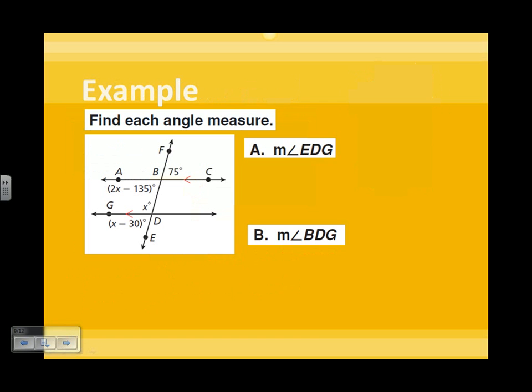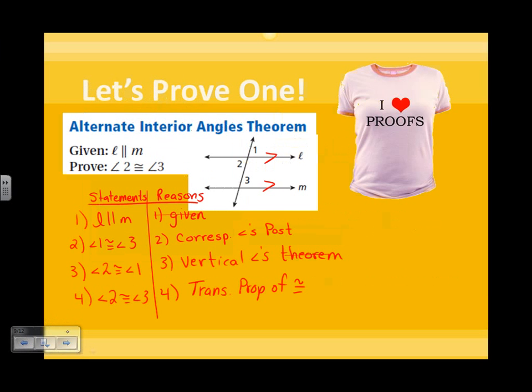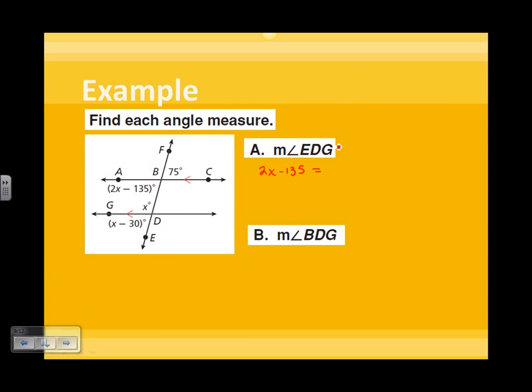So here's an example. We have two parallel lines. We can see by our markings here. And if I look at angle EDG, that's this guy here, I want to try to find its measure. I know that it is corresponding with this guy here, so I am going to say that 2x minus 135 is equal to x minus 30.